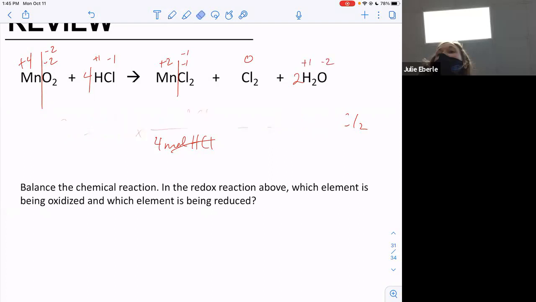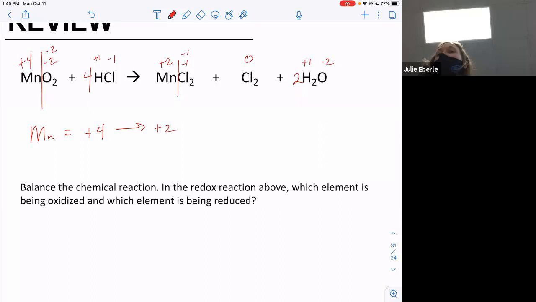All right, I'm going to erase what I wrote down here so that we can actually see what's changing. The whole point of a redox reaction, once you get all the oxidation numbers assigned, is you say what's changing, what's becoming oxidized, what's becoming reduced. So what do y'all think? Manganese and chlorine. We see the manganese going from a +4 to a +2 on the product side.